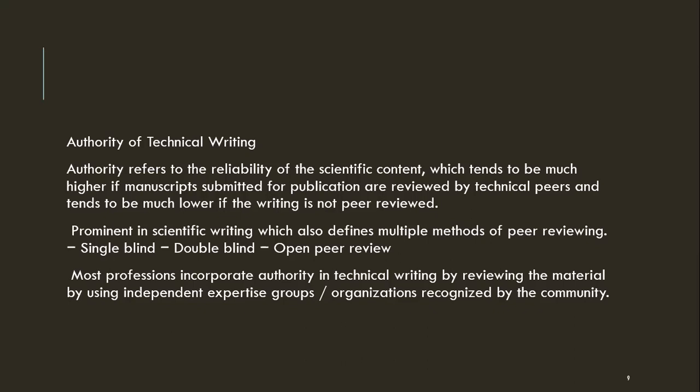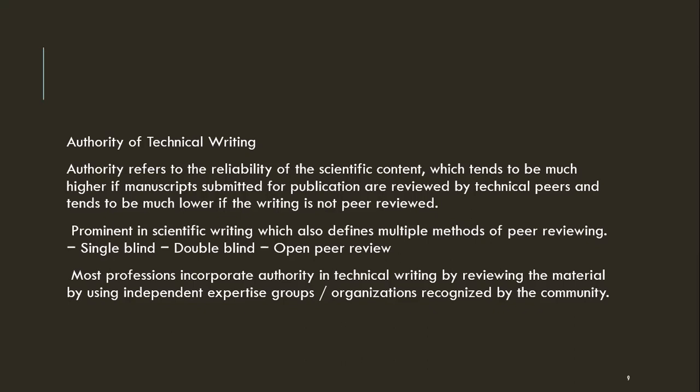There are three methods of peer reviewing defined in technical writing. The three types are the single blind method, double blind method, and the open peer review method. Most professions incorporate authority in technical writing by reviewing the material using independent expertise groups or organizations organized by the community.